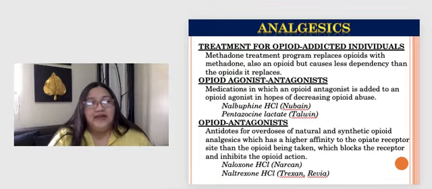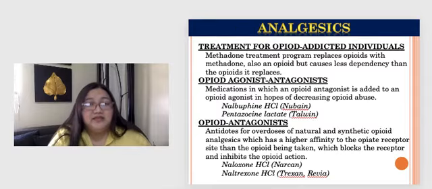Now, what are the antidotes for overdoses of natural and synthetic opioid? It has a higher affinity to the opioid receptor site than the opioid being taken. So it blocks the receptor and inhibits the opioid action. Naloxone and naltrexone are the antidotes.